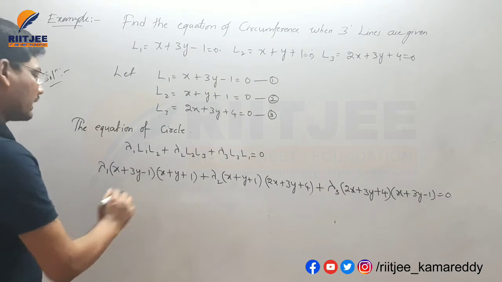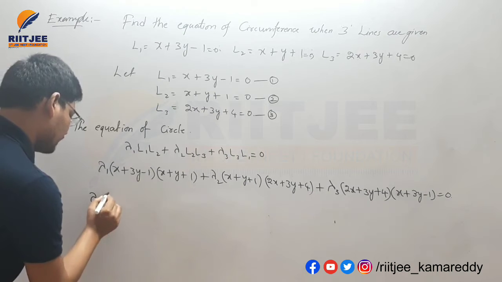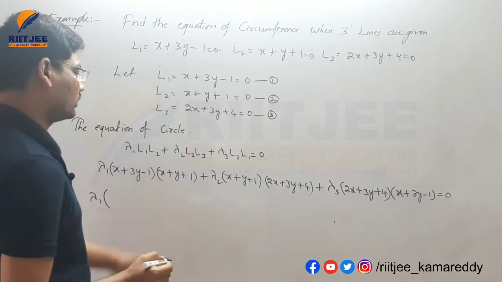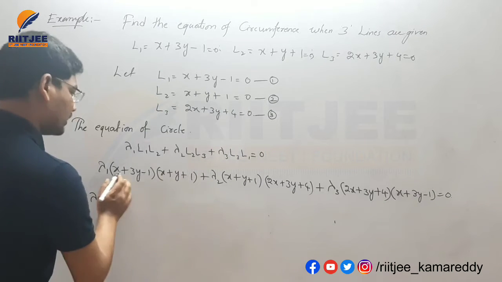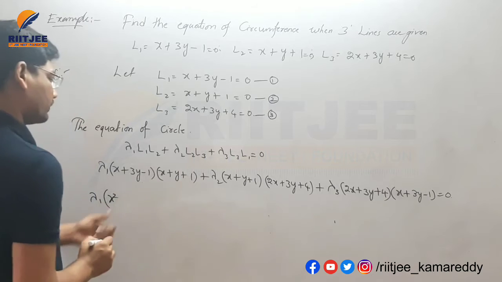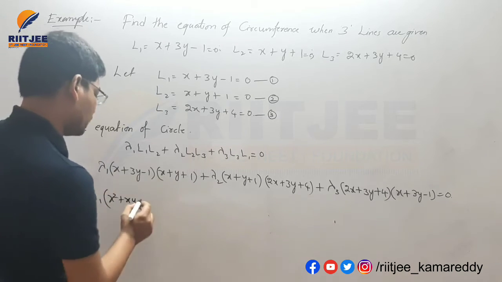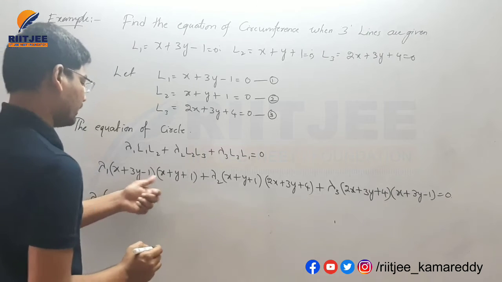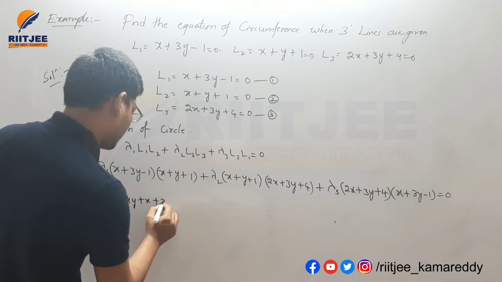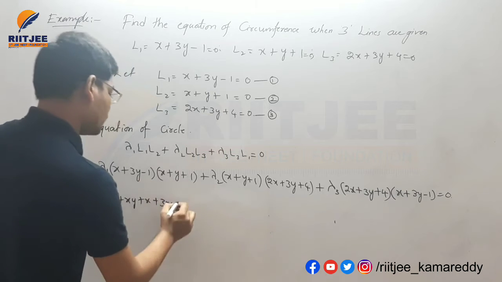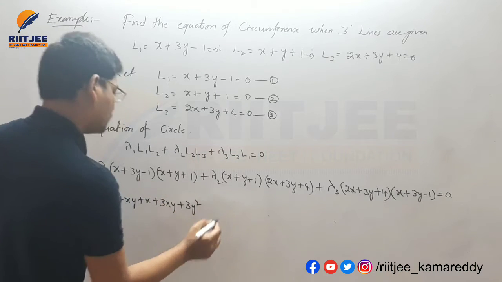Next, let's multiply the terms here. Lambda 1 into this total value will become x into x, x square, x into y, xy, plus x into 1, x. Next 3y into x, plus 3xy, 3y into 3y, 9y square.